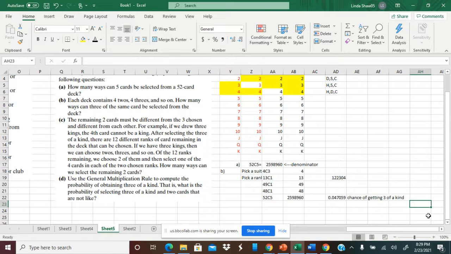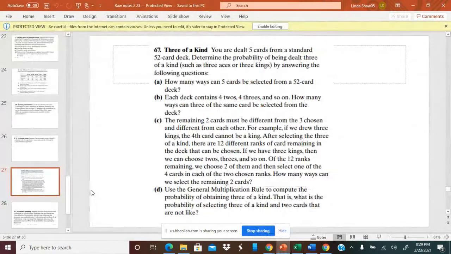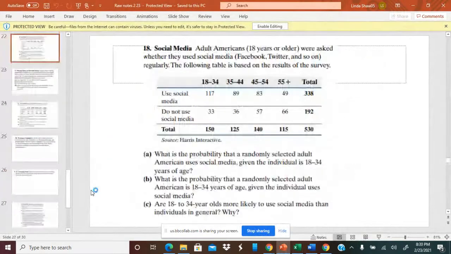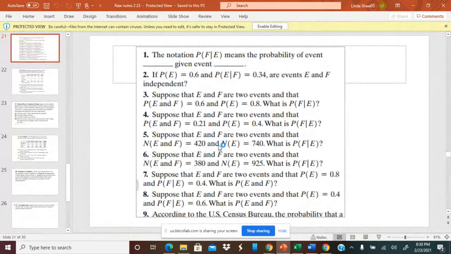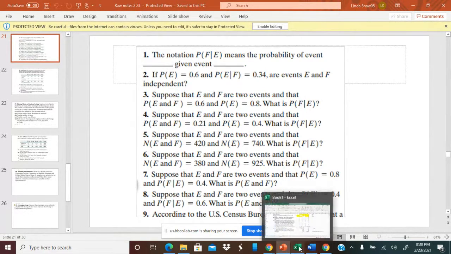Now, Linda, I'm trying to respond to Kathy's question. There's a problem that deals with conditional probabilities, and it's the one where we're just doing the calculations with it. I think you'll recognize it. Yes, that one. Whatever that one is, let's go to that one.